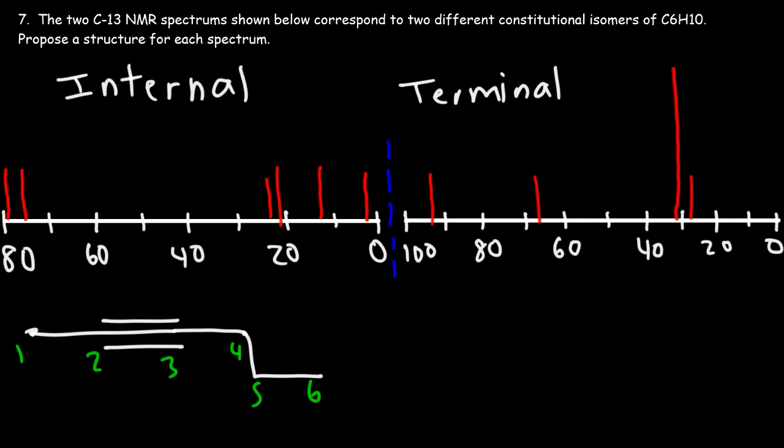Now let me give you the values that correspond to the signals that we see on the graph. So this is 3, this signal is 14, the next one is 21, and then 23, and we have one at 75, and the last one is at 79. Let me see if I can space this.